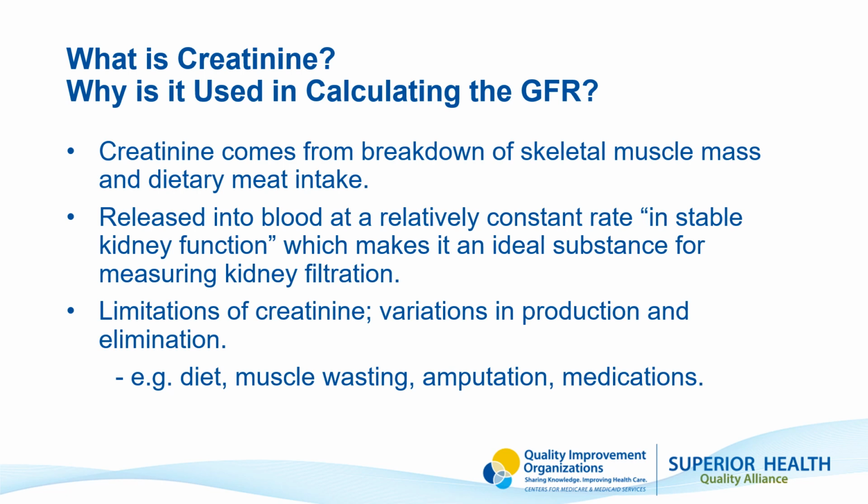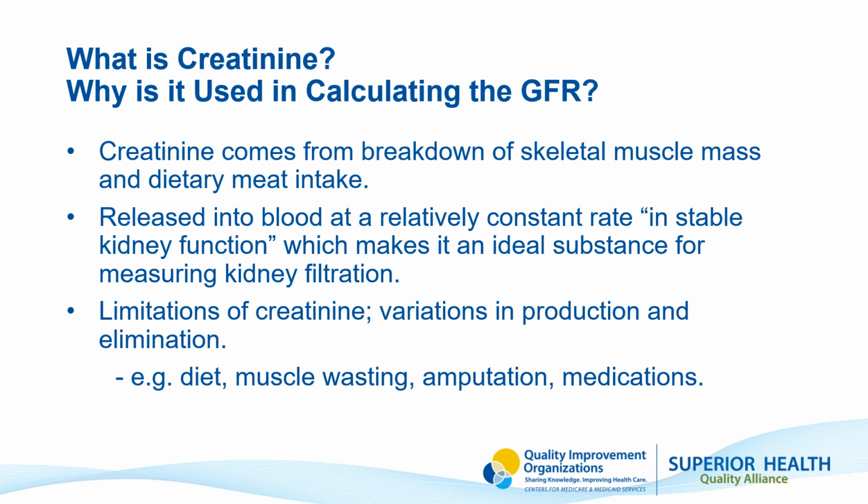What is creatinine? Why is it used in calculating the GFR? Creatinine comes from breakdown of skeletal muscle mass and dietary meat intake, released into blood at a relatively constant rate in stable kidney function, which makes it an ideal substance for measuring kidney filtration.